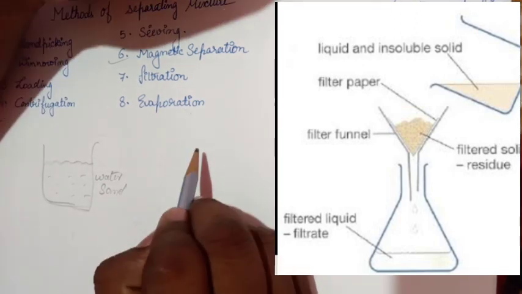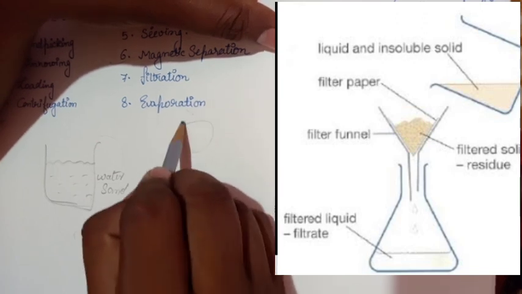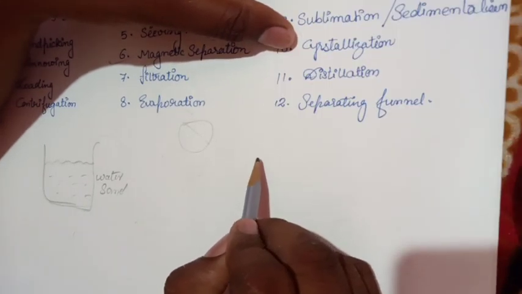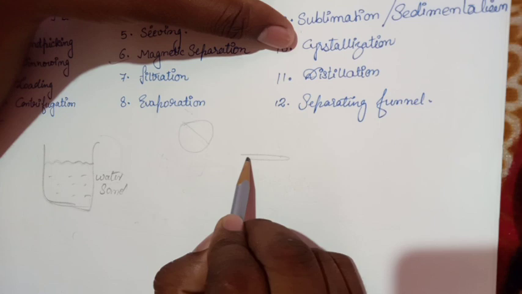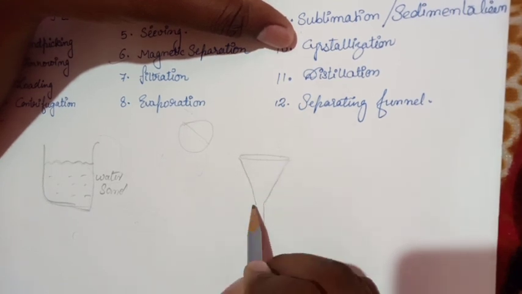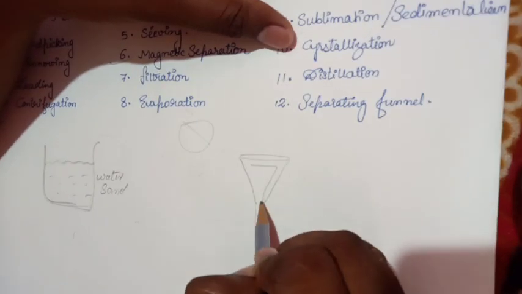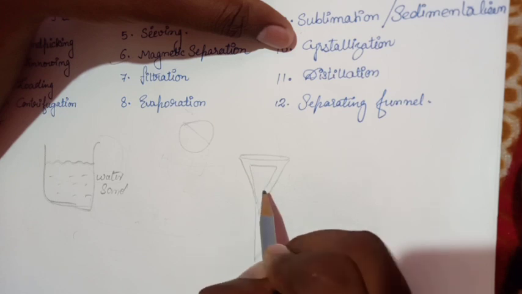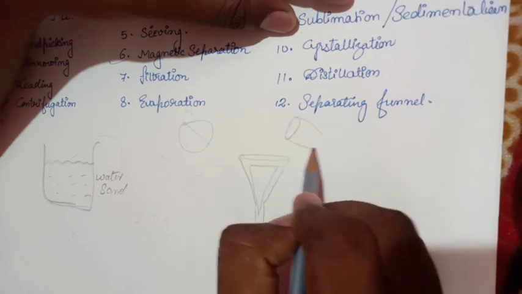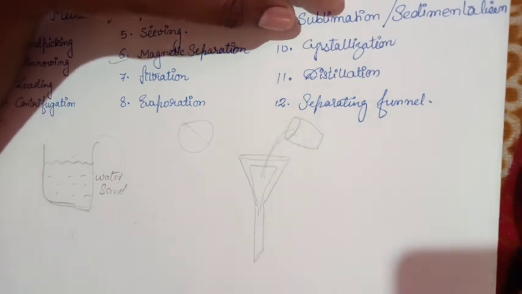So what we will do is, we'll take a filter paper. We'll fold it into half, and this will make a cone. This cone of the filter paper will be put inside a funnel, and this water solution will be poured in the filter paper.